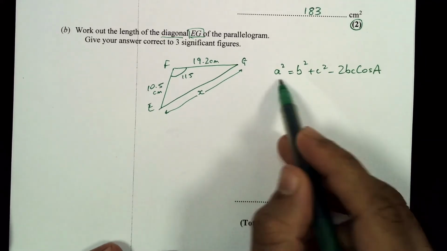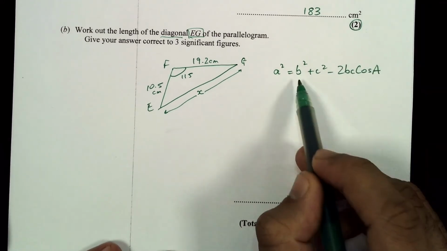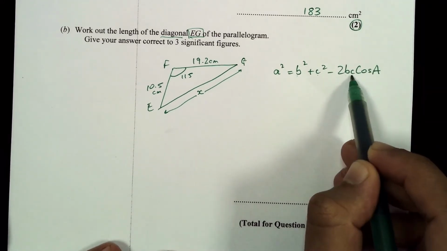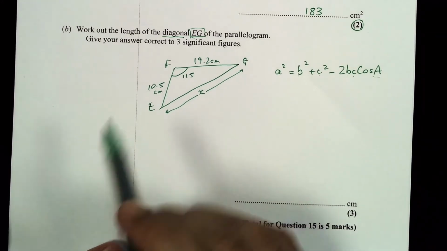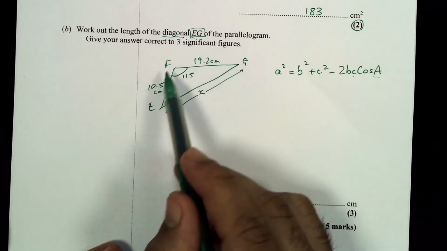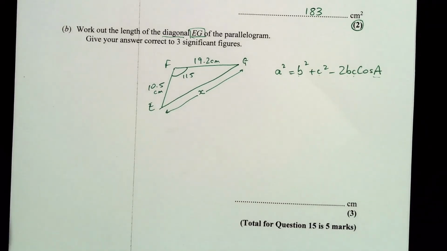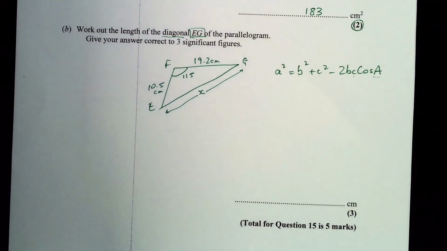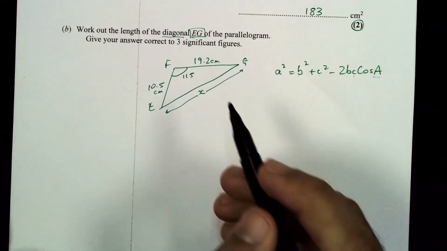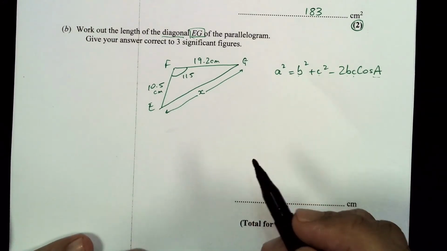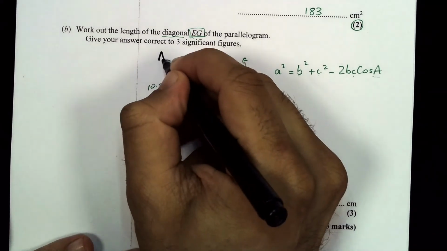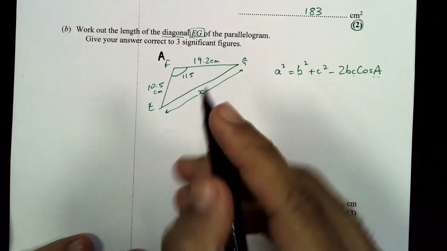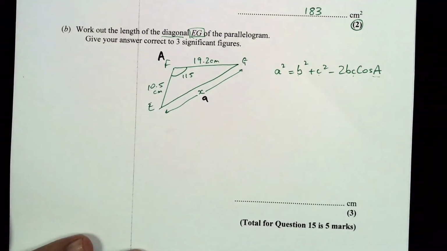Now, I can use this formula whenever I have two sides, b and c, and I have one angle that's in between those two sides. So let's look at this situation. And if I take a different color pen, I'm going to label this triangle, but with different labels. If I call this side here capital A, then that would make this lowercase a.